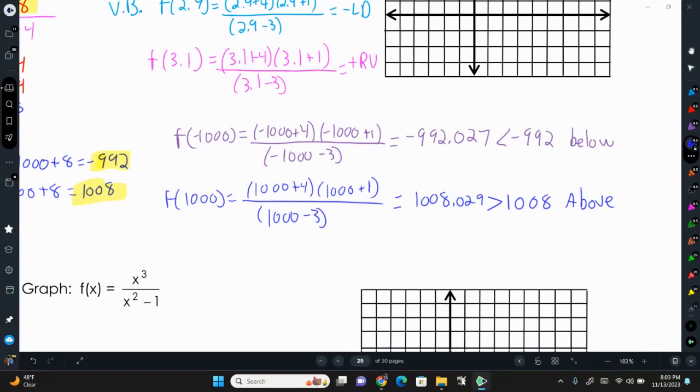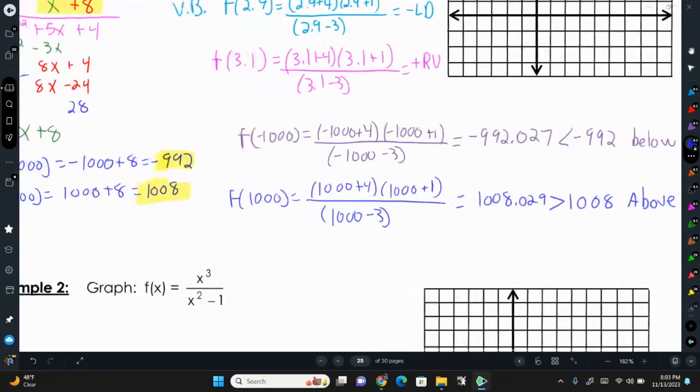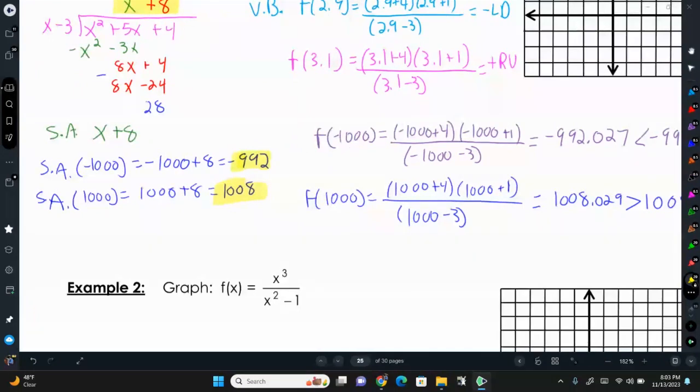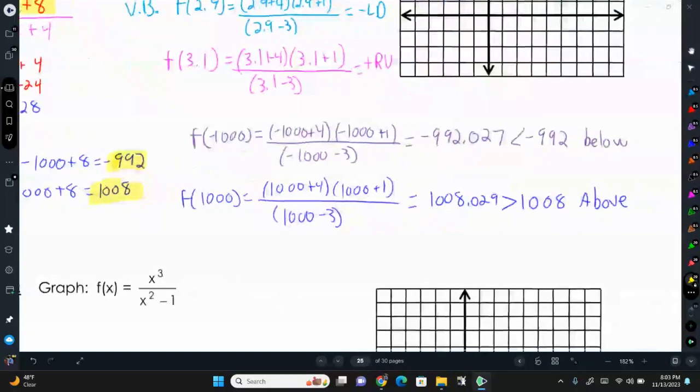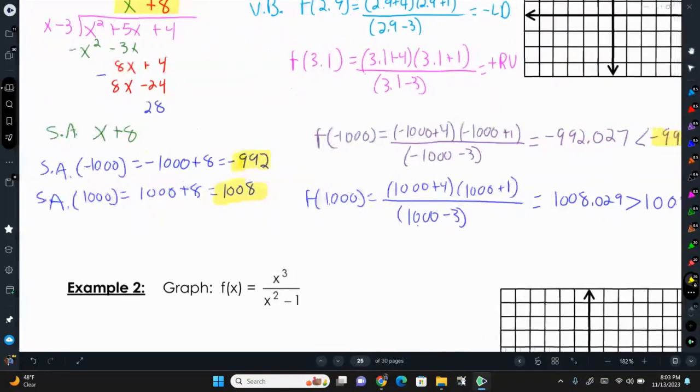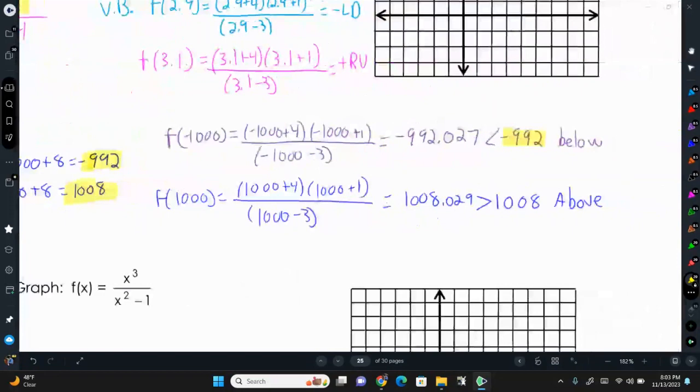It's important that you match things up, where the slant asymptote at negative 1,000 is compared to f evaluated at negative 1,000, and the slant asymptote at positive 1,000 is compared to the function at positive 1,000.